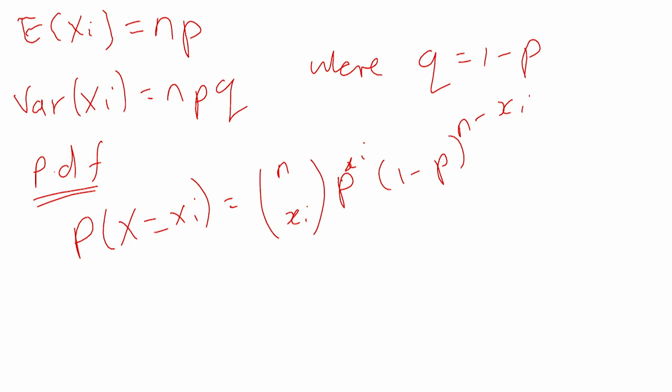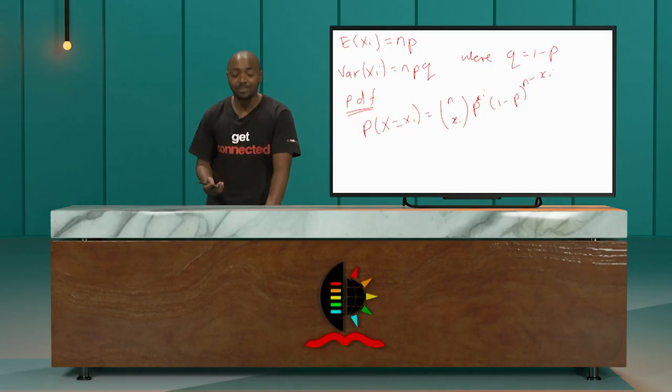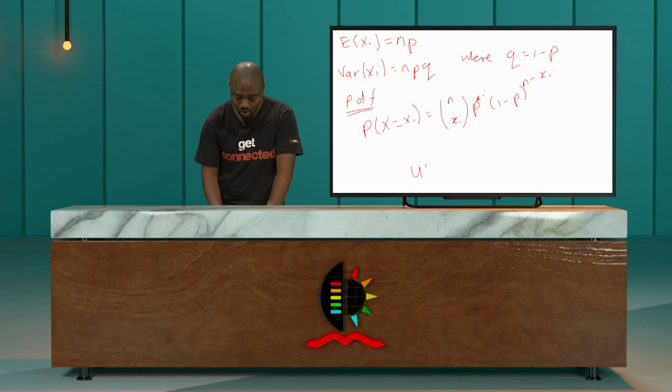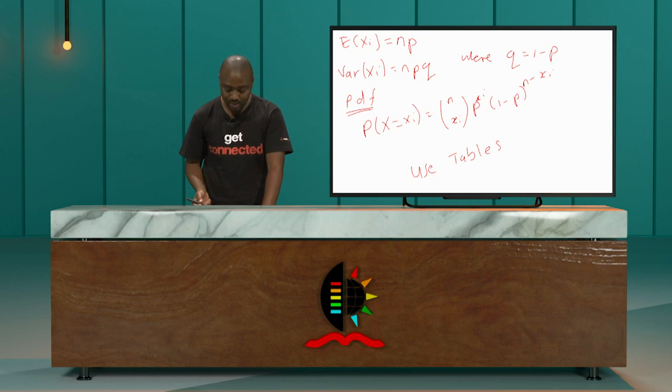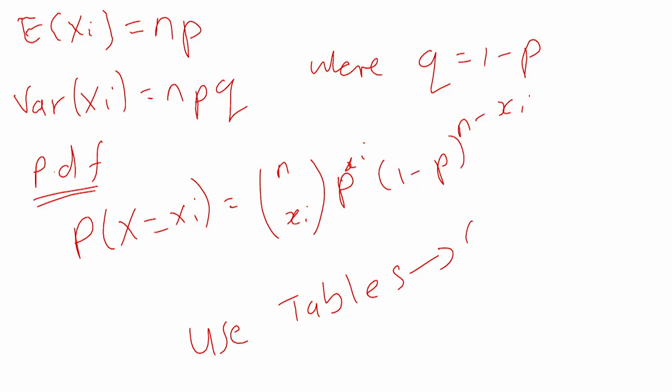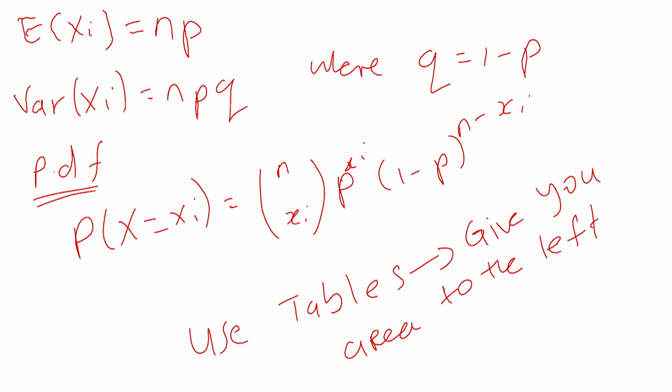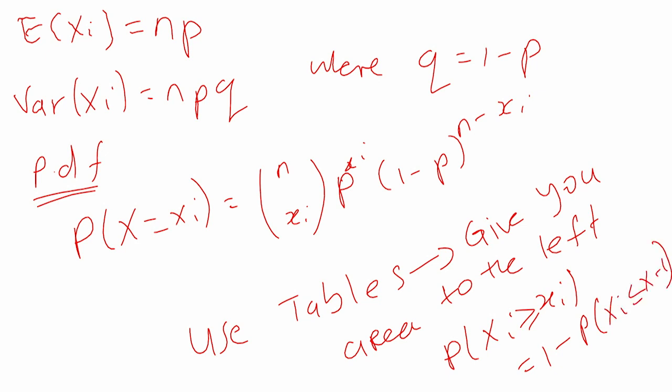If you're being asked to find the probability of inequality under binomial distribution, use tables, right? Statistical tables, right? Mind you, those tables give you the area to the left. So if you're being asked to find the probability of X greater than xi, you need to say 1 minus the probability of X less than or equal to xi minus 1, right?